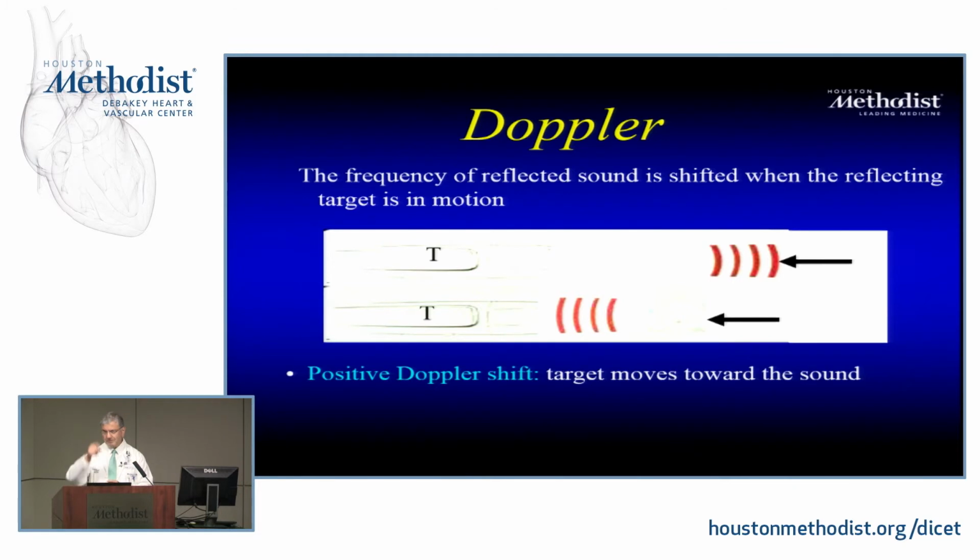So if you're out on Main Street here or Fannin, and the train is coming or the siren is coming, close your eyes and you'll be able to tell that this is coming towards you or going away from you. Because if it's coming towards you, frequency goes up. And then when it starts going away from you, it's going to go down.